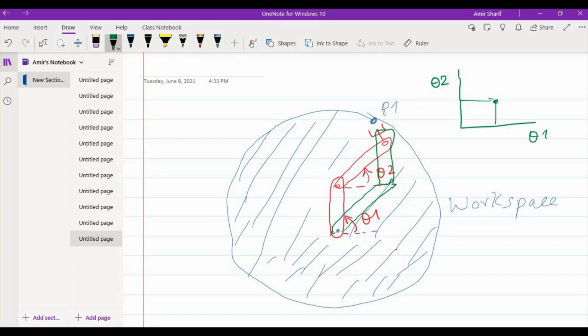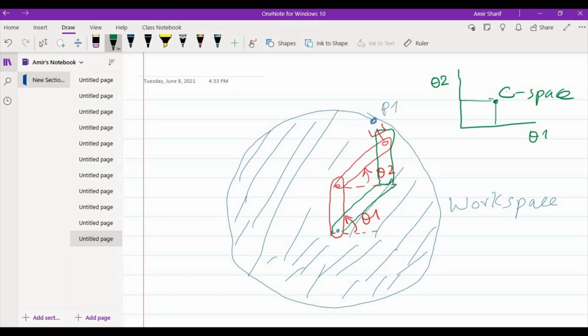We are talking about point P1, not this configuration point. This is a Cspace point, and it has nothing to do with P1. What I'm trying to say is that P1, the point in your workspace, can be reached through multiple combinations of theta 1 and theta 2.